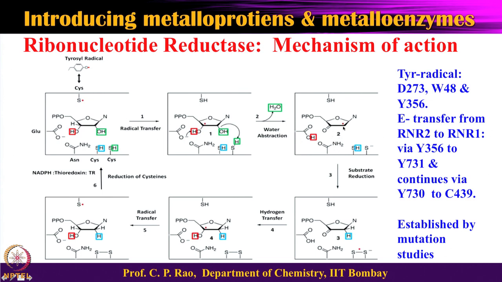Now the radical is generated at this 2 prime position, and this 2 prime radical will pick up the hydrogen radical and make the C2 prime H. So, now C2 prime has a hydrogen, that means deoxy, and that results in the partial oxidation of the disulfhydryl functions or dicysteine, and this will transfer one more electron, and therefore, it becomes a disulfide.